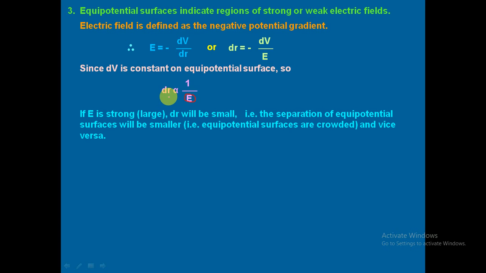So for a strong electric field, the equipotential surfaces are crowded, lying closer to each other, and for a weak electric field, dr would be large, meaning equipotential surfaces would be lying away from each other.